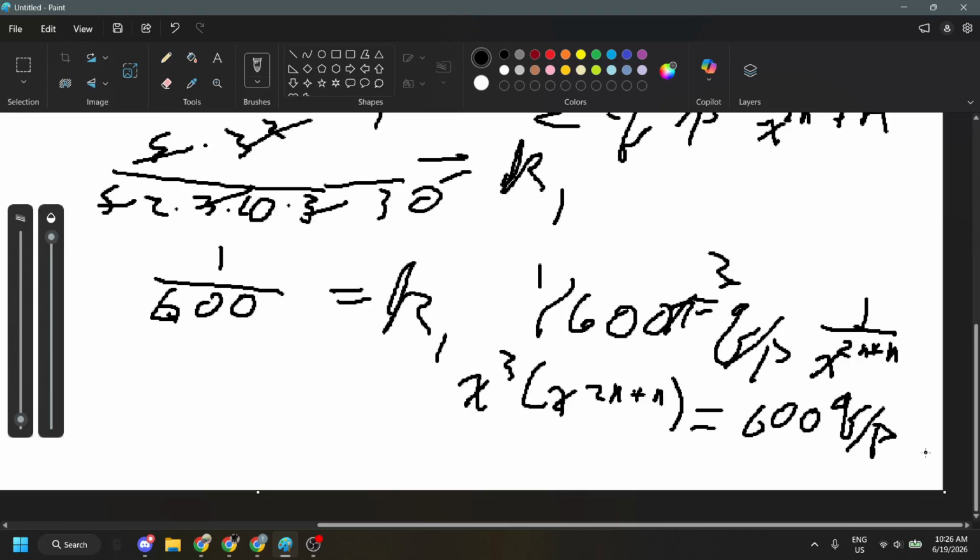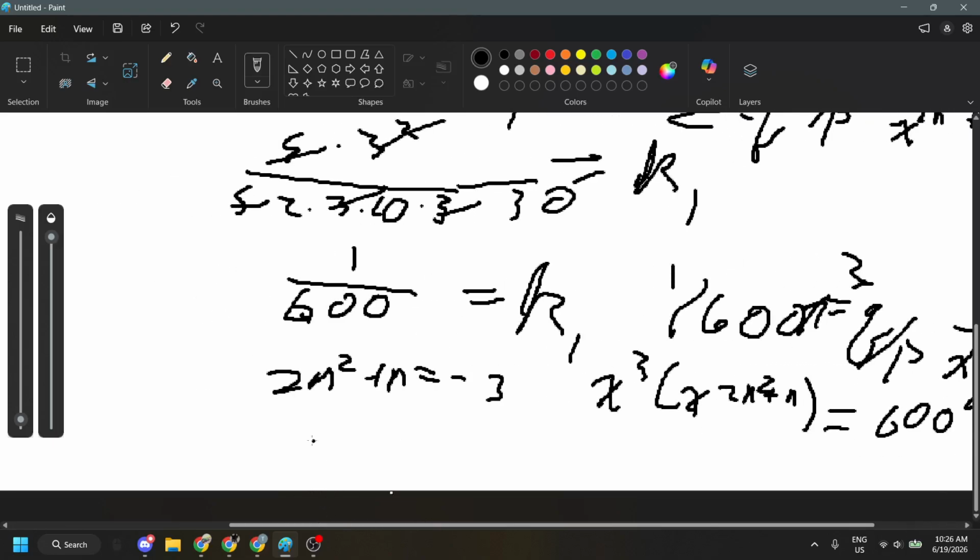Since x times this x is equal to a constant, we know that 2n squared plus n is equal to -3, because then when we multiply these together, the exponents cancel out to 0. So 2n squared plus n plus 3 is equal to 0.